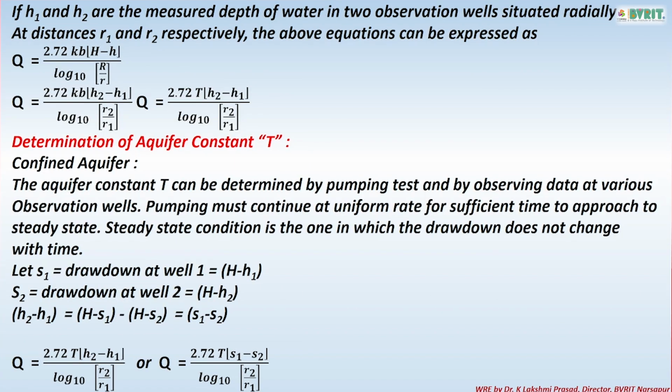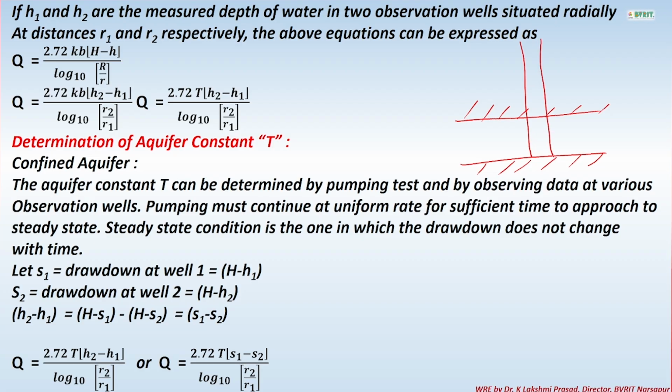Suppose h1 and h2 are the measured depth of water in two observation wells situated radially at distances r1 and r2. So suppose this is your confined aquifer. You can draw the figures very easily. Now what I have to do, I penetrate a well into it. Then this is the ground surface.